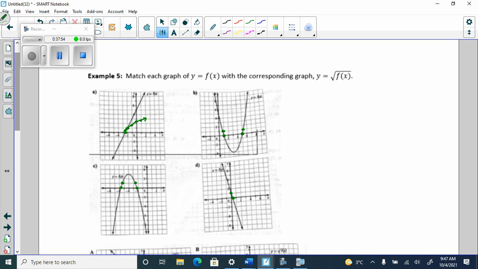This one, you do the same. It's at 0 and 5, so now it's at 0 and root 5. This one's at 6 and 5, so now it's at 6 and root 5. And we have ourselves our little graph because our 0.5 is going to become 0.7, so it's just going to be drawn a little bit above. And then this one's at -4 and 3, so now it's going to be at -4 and root 3, which is 1.73. So it's going to be here.